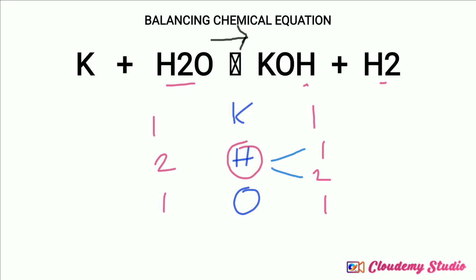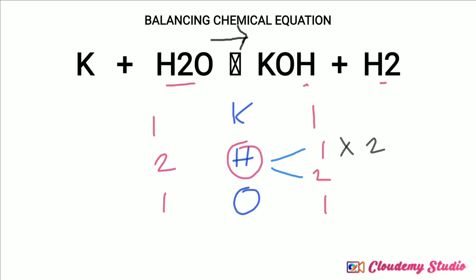So what we are doing is we need to multiply this odd number by 2. So when we multiply this, this number we need to write as a coefficient for this hydrogen.